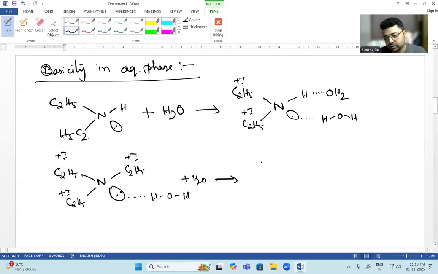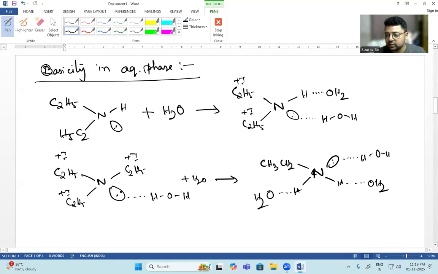When you compare this with CH3CH2NH2, with a lone pair, here it will form three hydrogen bonds and one plus I. So this is 3 degree and this is 1 degree.